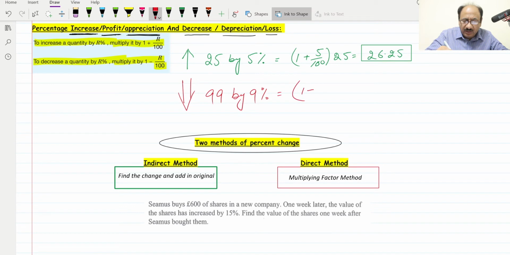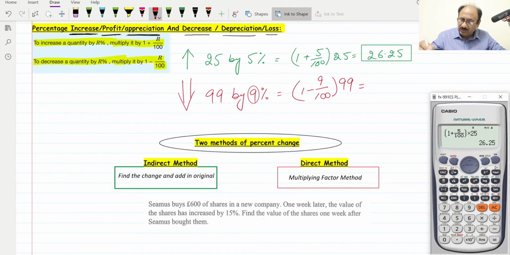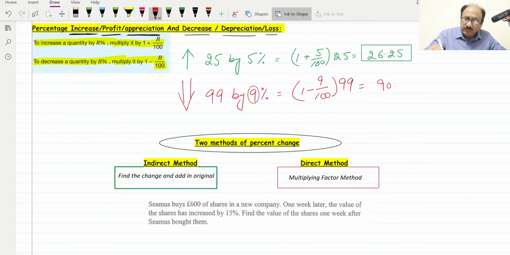We take 1 minus 9 over 100 and multiply by the amount, which is 99. So 1 minus 9 divided by 100, multiplied by 99, will be equal to 90.09. So 90.09 will be the answer in this case.